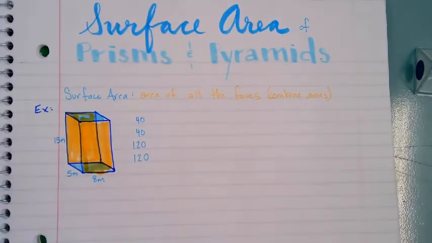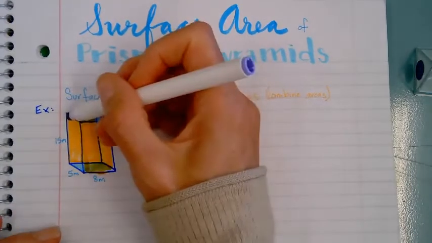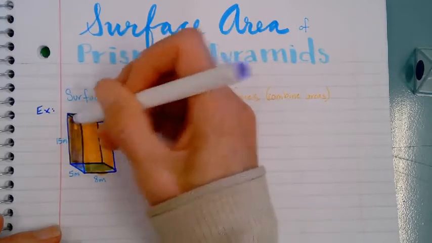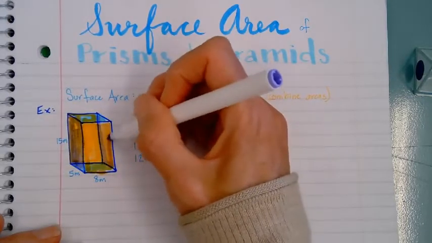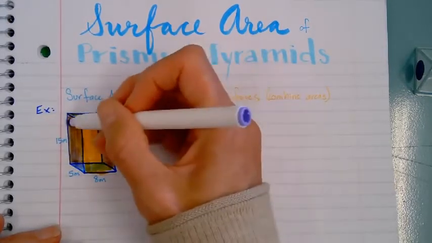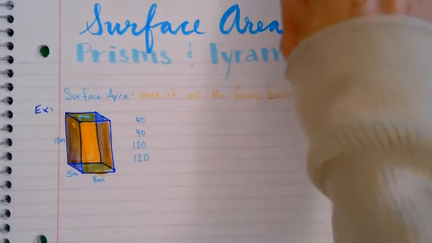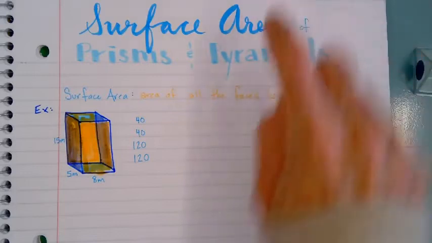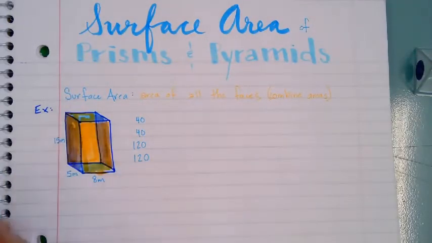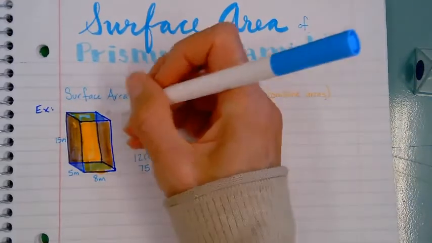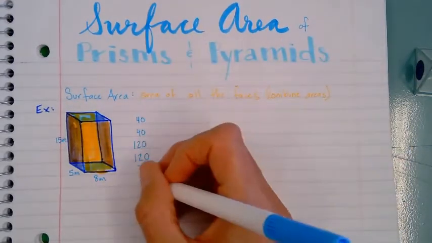So let's also look at these sides here, this side and this side. This side is 15 by 5, so 5 times 15 is the area. So 75 is this side, and then this area is exactly the same.